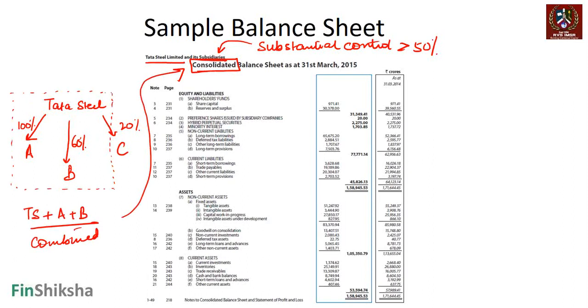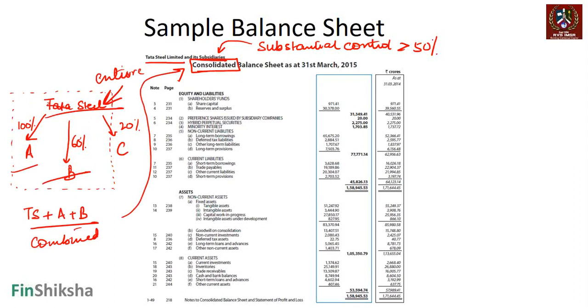We will talk about combining these and what broad principles are used at a separate point of time. But you're combining these statements to give an idea of the entire business family: Tata Steel plus A plus B, wherever they have complete control. That's called a consolidated statement.